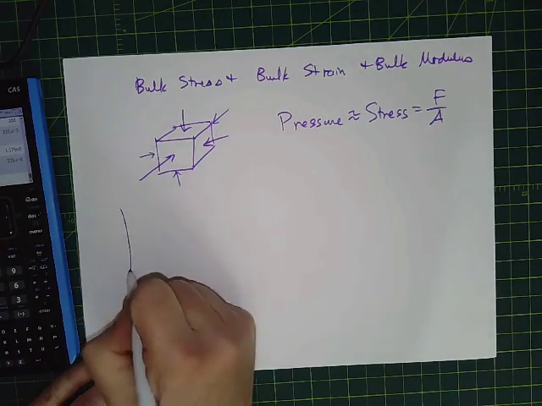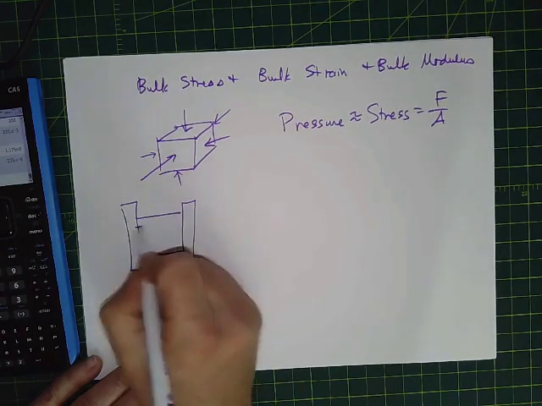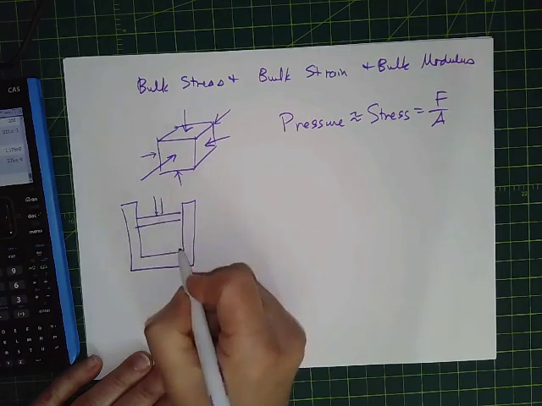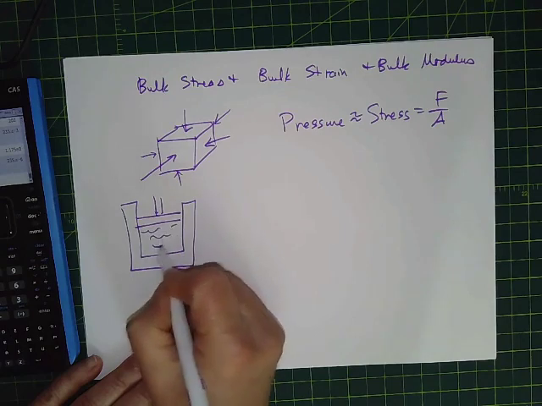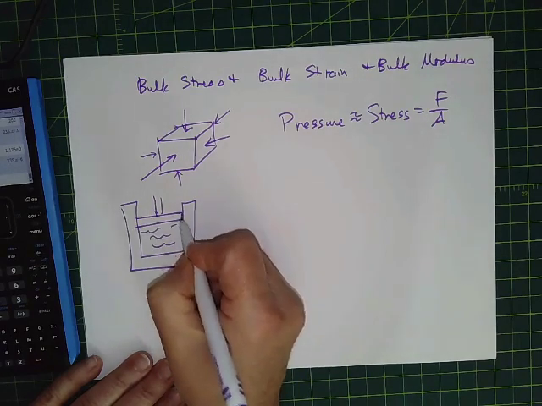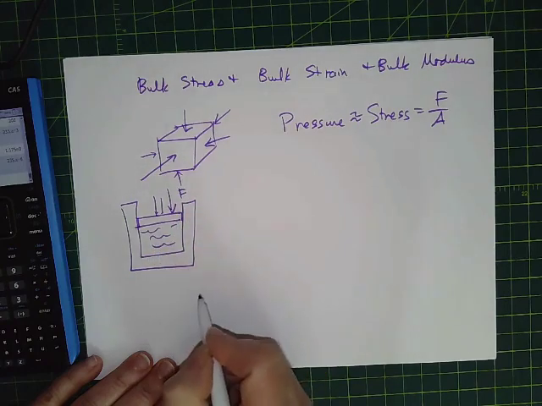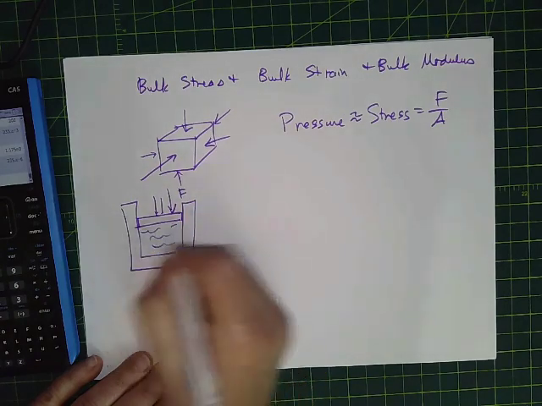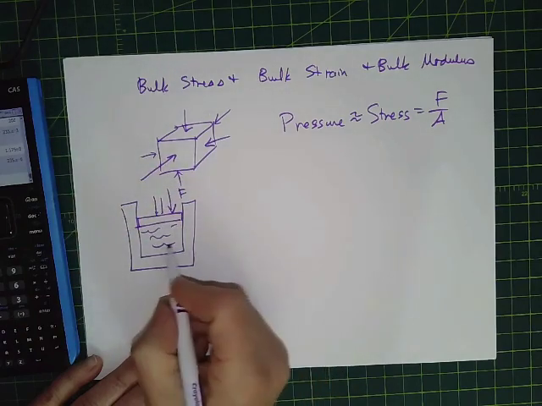We might have some sort of a piston situation where you have a container, and there's a liquid or a gas in here that is compressible, and the piston has a force down on it, something is forcing the piston down, right?